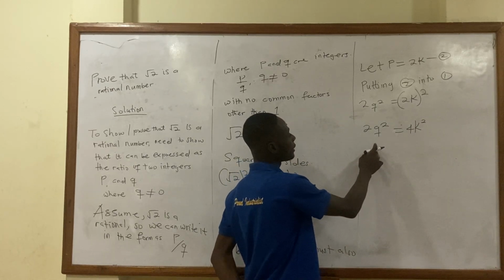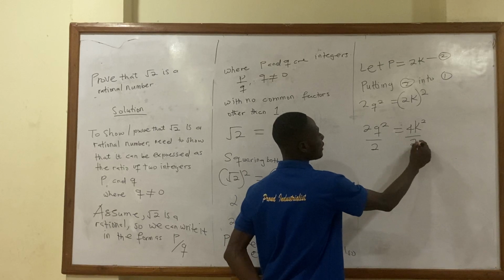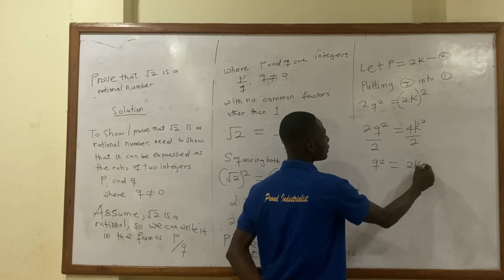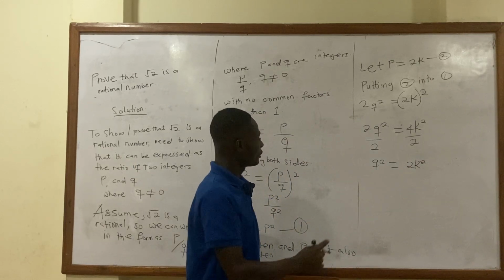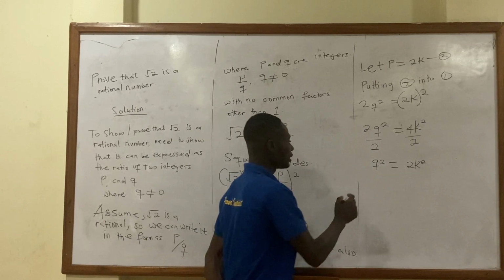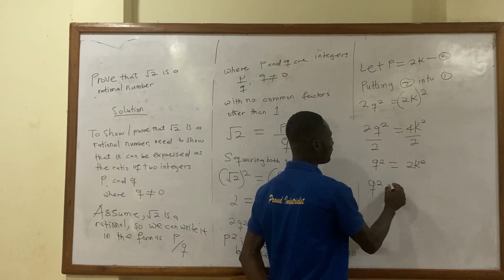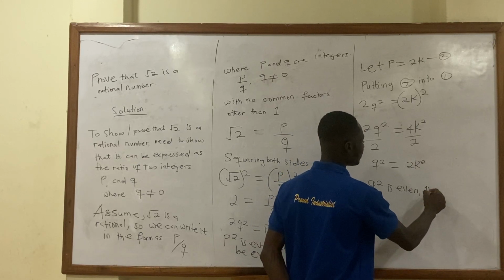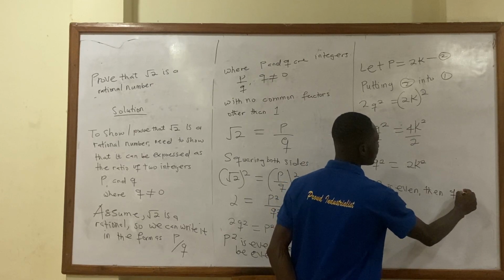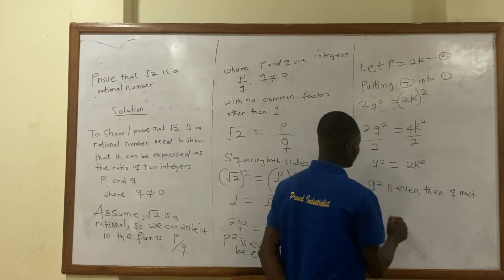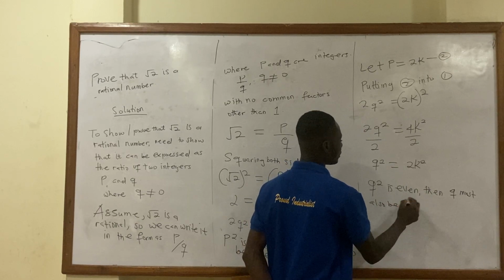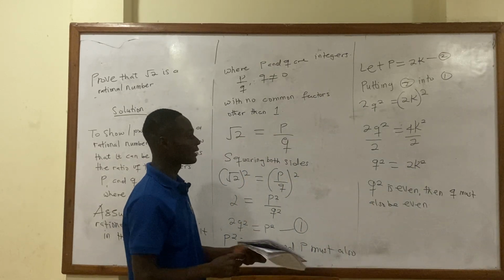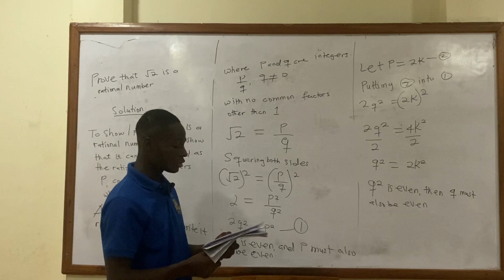So from here we can divide by 2, and then we have q squared is equal to 2k squared. Very, very nice. So from here we can also say that q squared is even. All right, if q squared is even, then q must also be even.